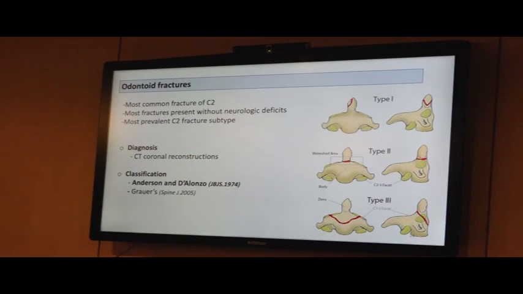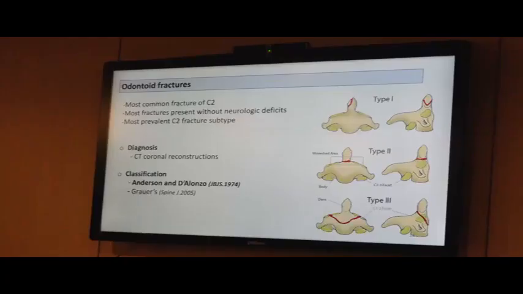The common classification system was developed by Anderson and D'Alonzo in 1974, which includes 3 types, and type 2 is the most common.